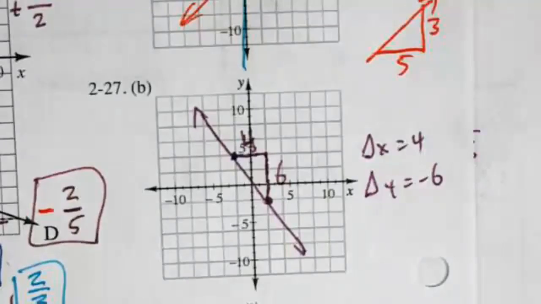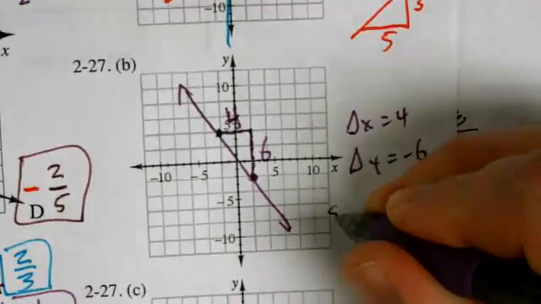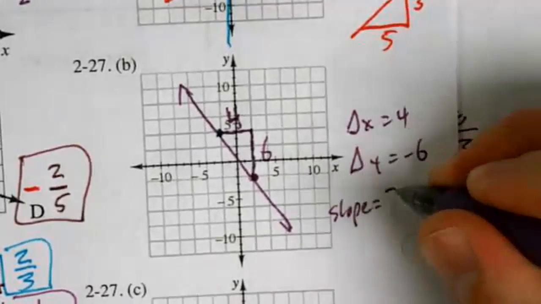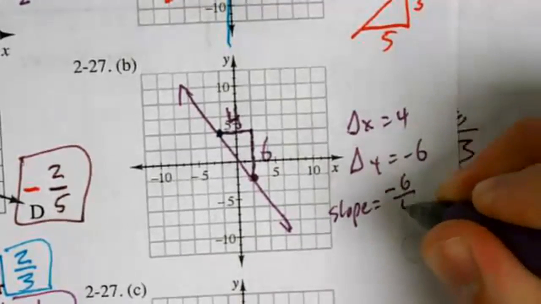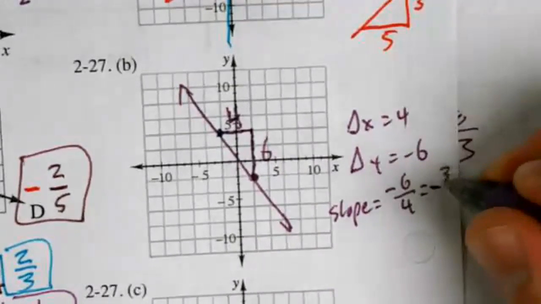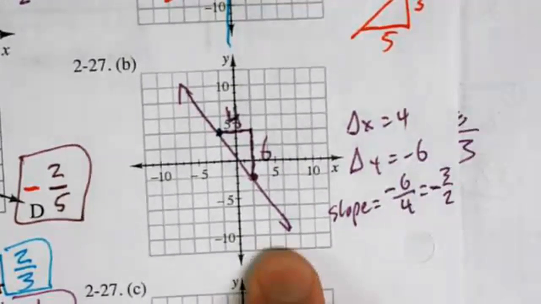Does that make sense? If I did slope and put change in y over change in x, it would be -6 over +4, which would simplify to -3 over 2. That is a negative slope that I just drew, isn't it? It's a negative slope. And is 3 over 2 the slope?